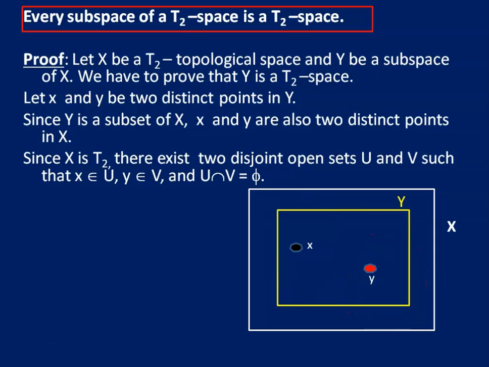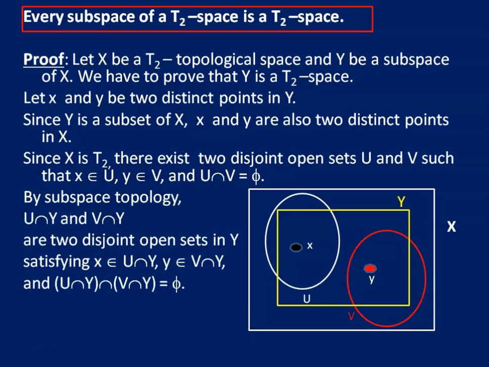Since X is a Hausdorff topological space and x and y are two distinct points in X, there exist two disjoint open sets U and V, where U contains x and V contains y. Now we have to find two disjoint open sets in Y. These U, V are two disjoint open sets in X. To prove that Y is Hausdorff, we have to find two disjoint open sets in Y.